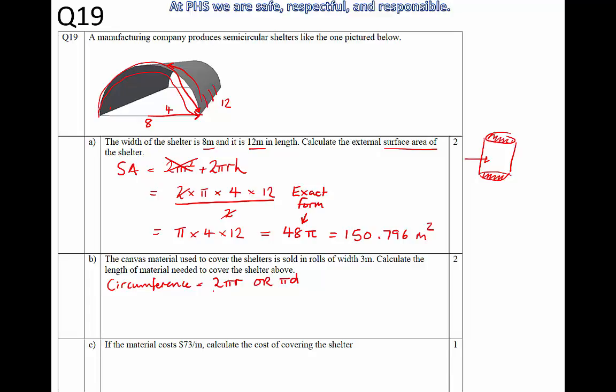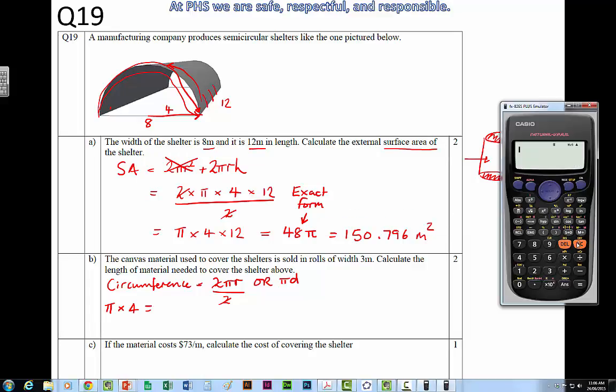Now that's for the whole circle, and I only want half the circle, so they're going to cancel, and we just need pi r. So pi times 4 is going to give me that length there. So let's figure that out. 4 times pi, 4 pi, I want decimal, so 12.566.